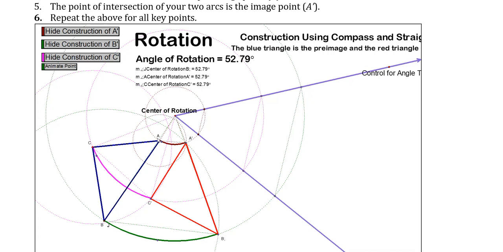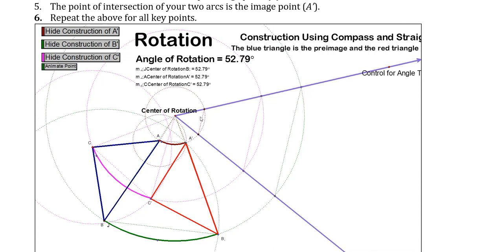So we take A, put our compass right here at the center, make that circle. So we know A prime is over here somewhere if we're going in the counterclockwise or positive direction. If we were going in the negative direction, A prime would be over this way somewhere. But we want this angle, A, center of rotation, A prime, to be the same as that original angle there. Well, the way you do that is pick a point, make this full circle right here, and find out where it crosses the angle right here.